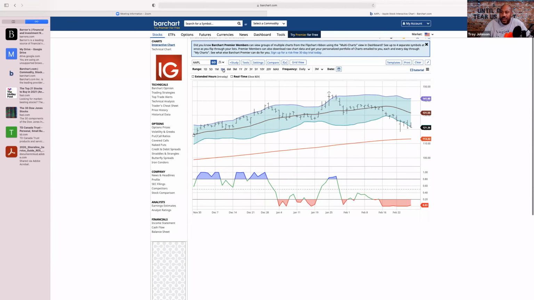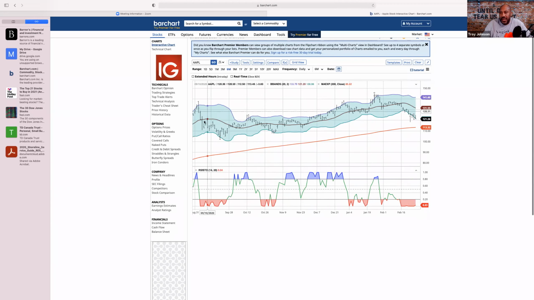But just looking at a 3-month or 6-month period, Apple's been trading pretty sideways. So the combination of the Bollinger Band and the RSI gives you more probability that this is a good trade to get into Apple, and I leave it up to you to decide how much money you want to put out there. I think that was a good example with Apple.